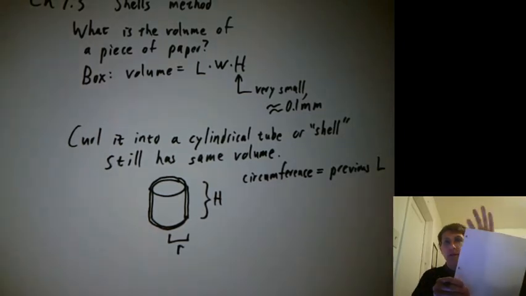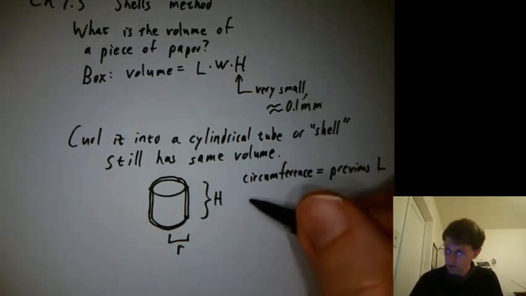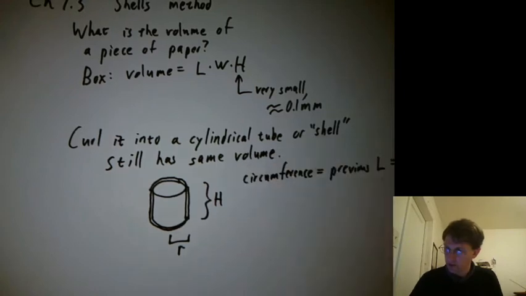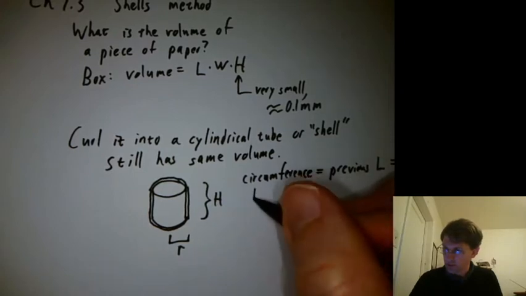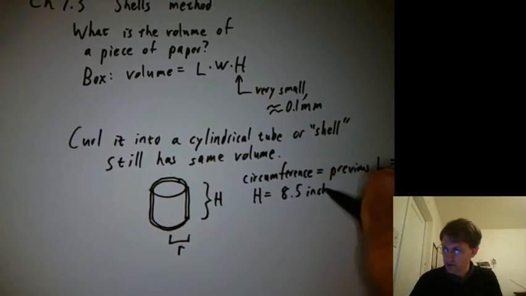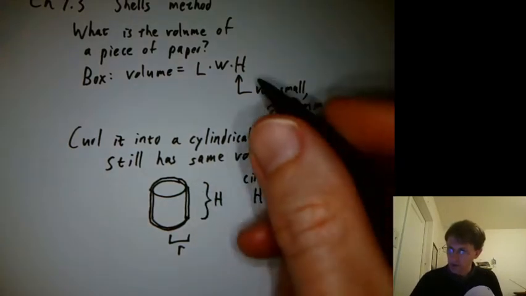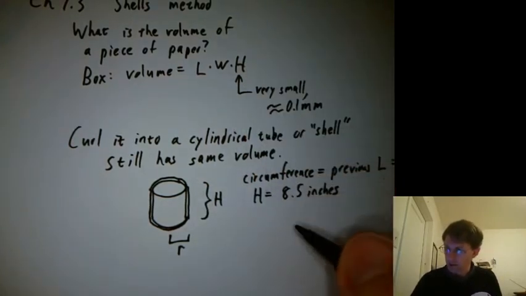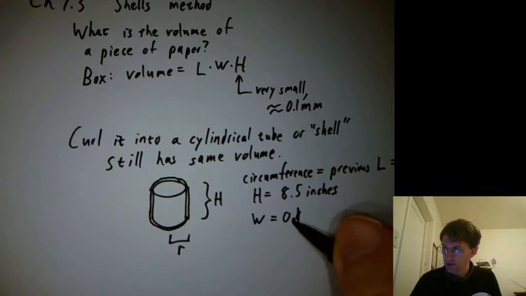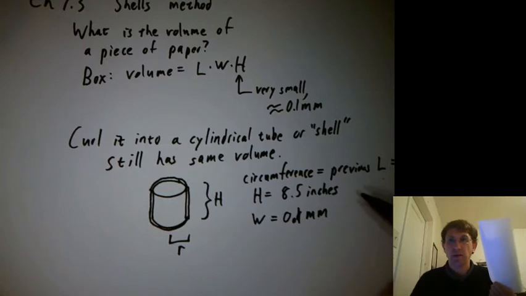And what was this edge of the paper became the height. So we'll say for this piece of paper it was 11 inches. The height now is the 8.5 inches. And what about this very thin part? Up there I called it the height, but now we could call it the width, is maybe 0.1 millimeters. So that's one cylindrical shell.